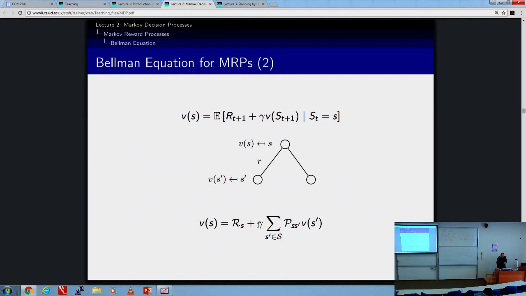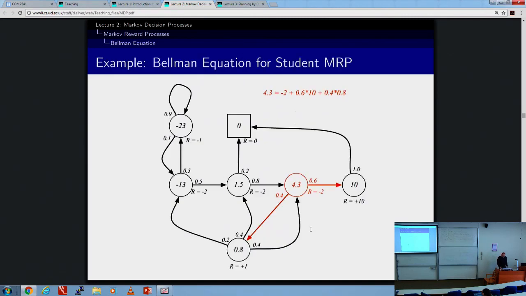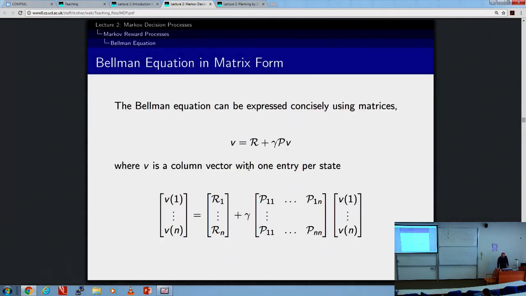Plus, there is this summation, which corresponds to a vector matrix multiplication. Okay? So if I write this whole thing as a vector equation, it looks a lot nicer. So V is a column vector, R is a column vector, and then we know P, our little transition matrix.